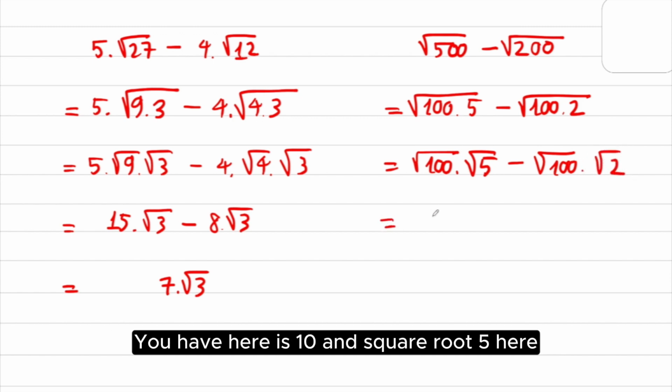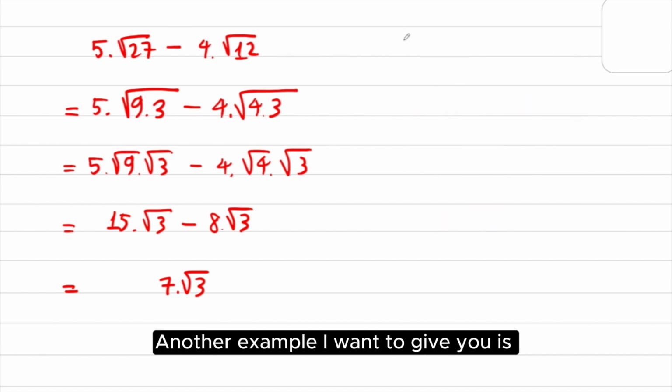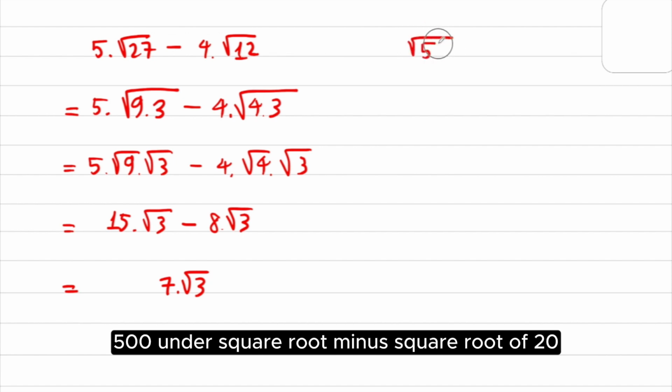You have 10 square root 5 here, and minus 10 square root of 2 here. So for this exercise you cannot combine them together.